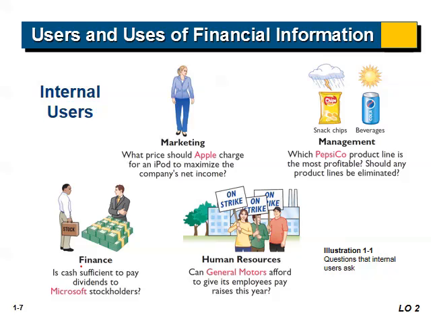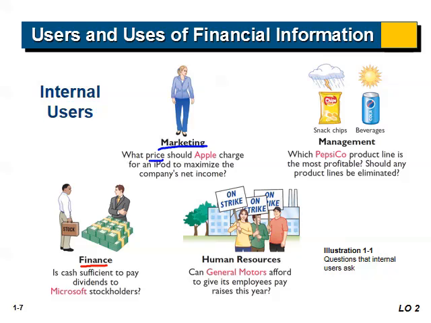Well, first of all, the finance department is going to use it because they want to know whether or not you have cash sufficient to pay dividends, for example, to your stockholders. Stockholders are the owners of the company, of a corporation. The marketing department might try to use the information to determine what price they should charge for an iPod.